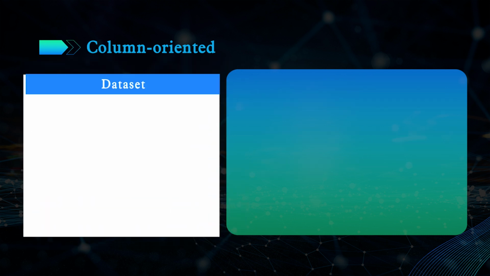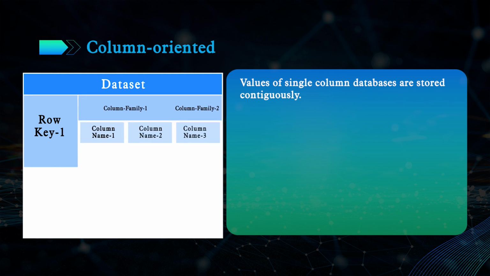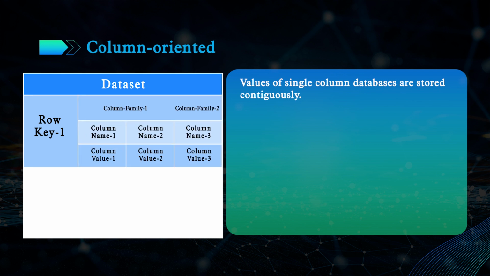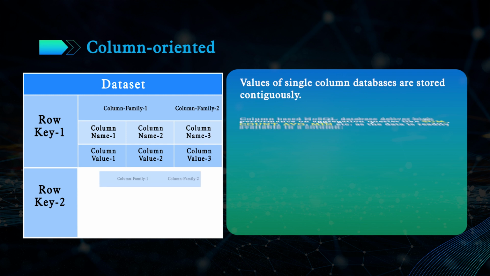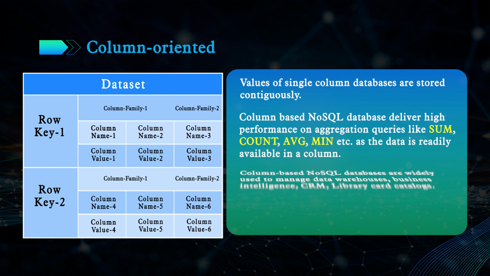Every column is treated separately. Values of a single column are stored contiguously. Column-based NoSQL databases deliver high performance on aggregation queries like sum, count, average, mean, etc., as the data is readily available in a column.